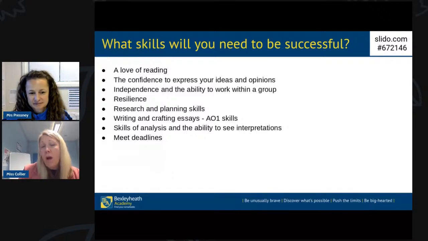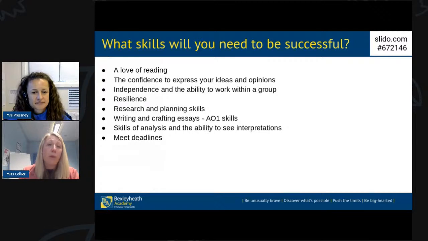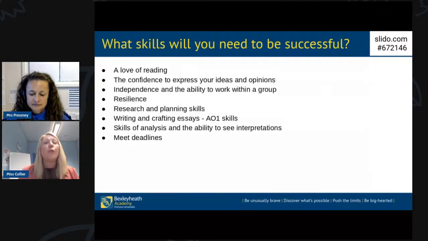For your AO1 marks, AO1 in English literature is about your written and your spoken communication. It's about the vocabulary you use and how you communicate your ideas. So yes, you are still assessed on that. And I think naturally, the more you talk, the more you communicate, the better you become at it. It's not fundamentally assessed, but it is definitely part of the course in itself.